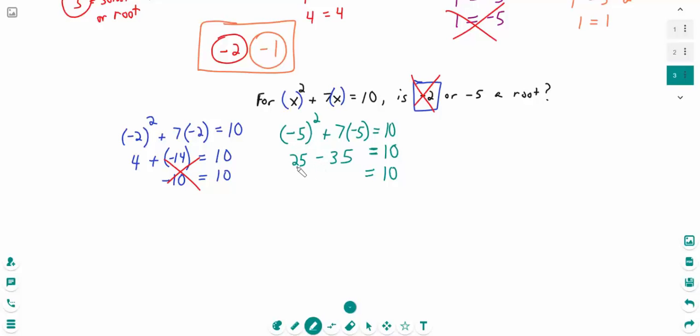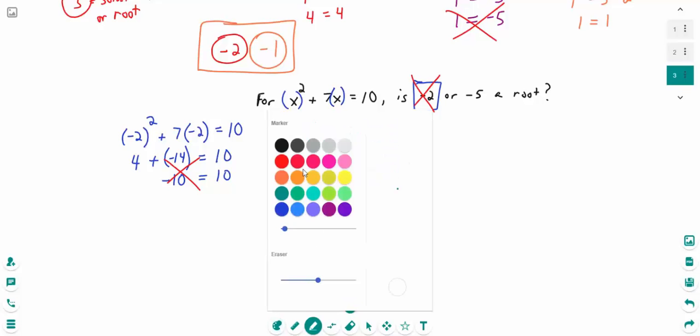This side now we have a 25 minus a 35, which is what? Negative 10. Right? So, is this a root? Well, does negative 10 equal 10? No. So in fact, neither of these are roots. This negative 10 does not equal 10.